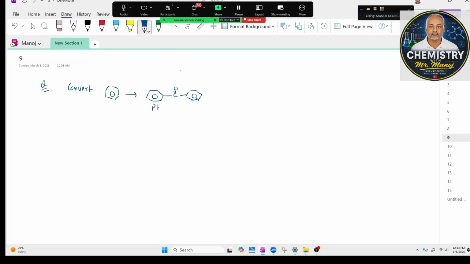Now this compound that I gave you is phenyl benzenone. Now what could be the reagent?